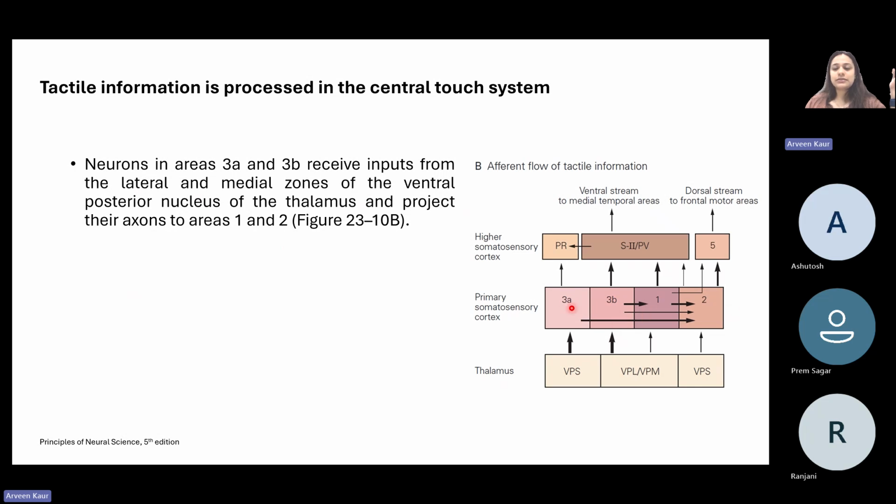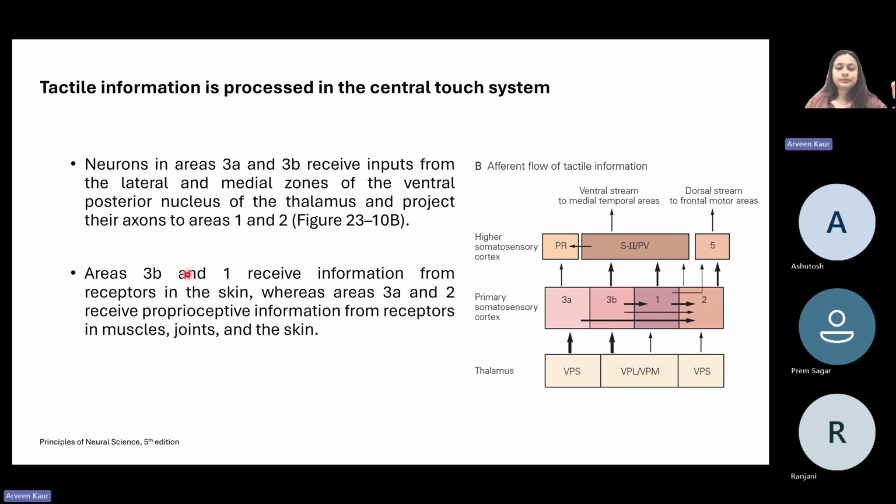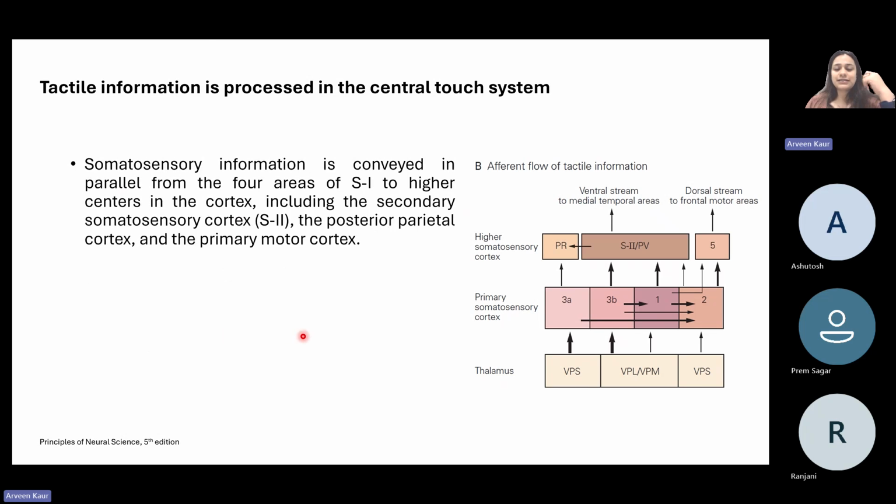So they'll take this information to area 1 and area 2. The areas 3B and 1 receive information from receptors in skin, whereas 3A and 2 receive proprioceptive information from receptors in muscles, joints, and skin, right?